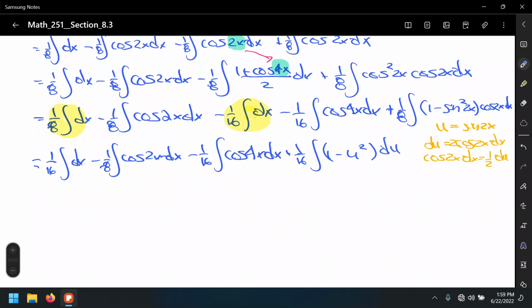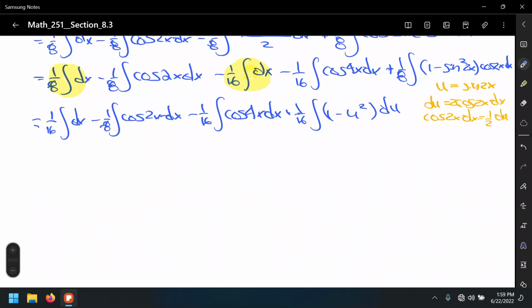And I think we're ready to integrate finally. 1/16 x minus 1/16 sine 2x minus, okay, be careful here because the integral of cosine, yes, it's sine, but of 4x, that requires a factor of 1/4, and that factor of 1/4 multiplying with the 16, isn't that 64?